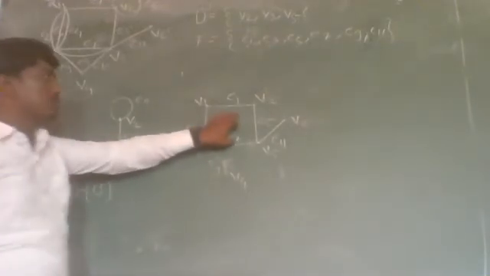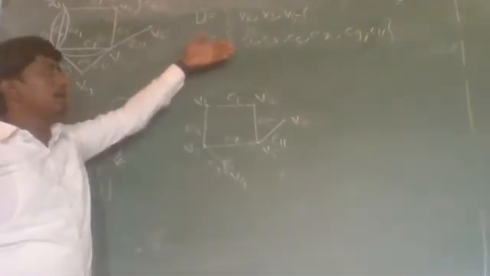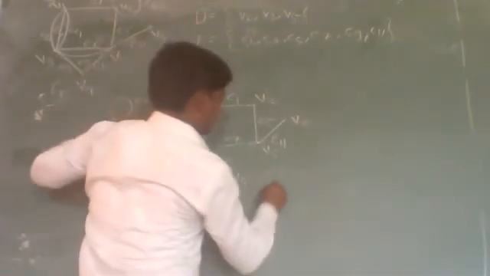So this one is the induced subgraph which is induced by edge set F.